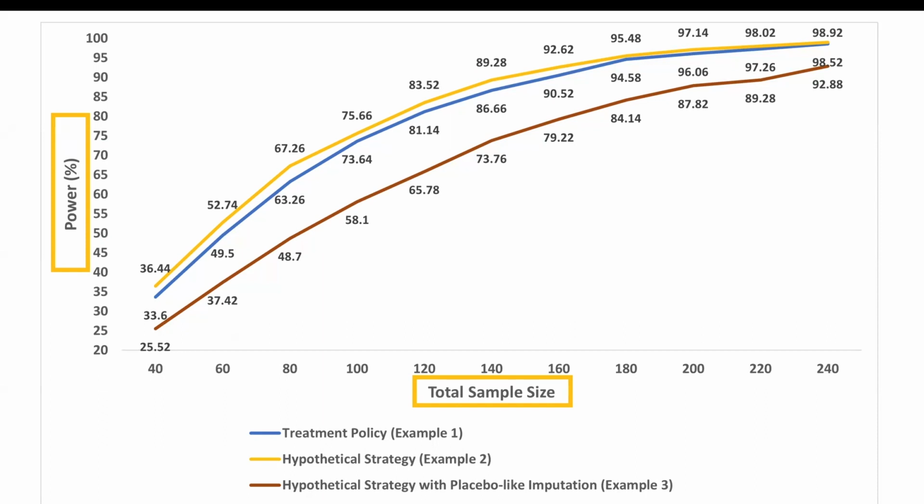In conclusion, this was an overview of EOSS MMRM version 1.0 and stepwise instructions on how to use the app, with 3 numerical examples demonstrating the simulation setup for different ICE strategies.